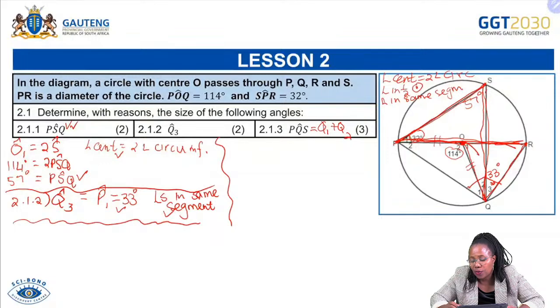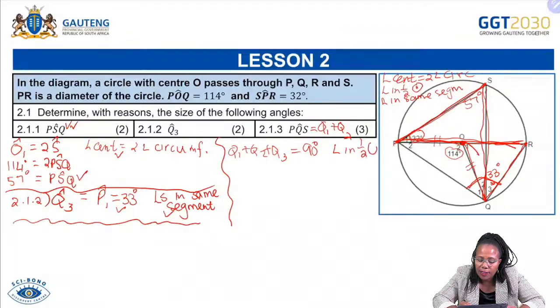And then now grade 12, we have already indicated that this whole angle Q is equal to 90 degrees. That means angle Q1 plus Q2 plus Q3 is equal to 90 degrees. Angles in a half circle.